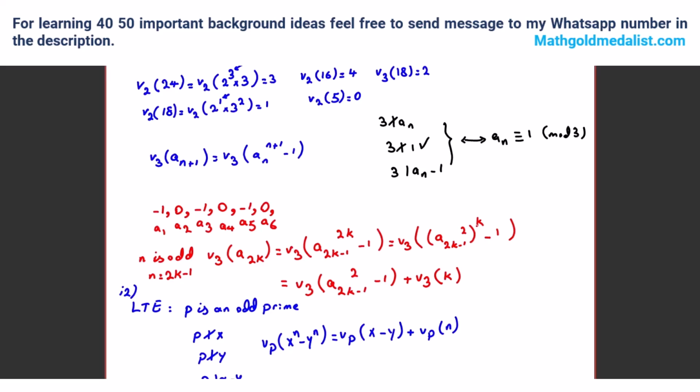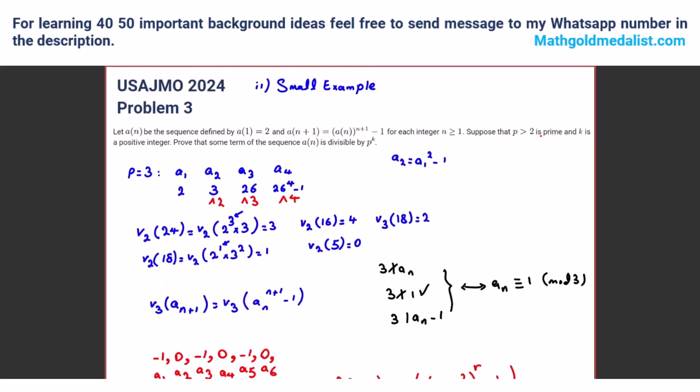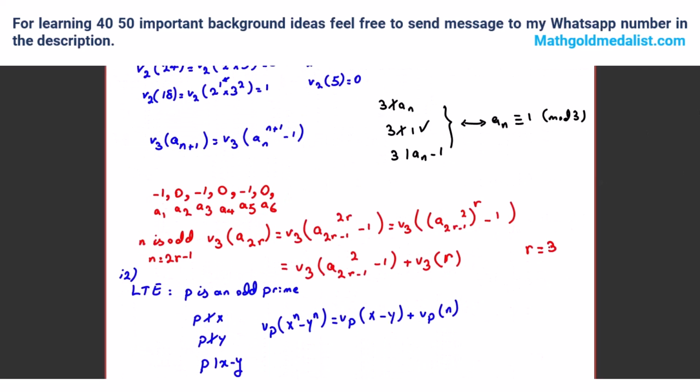Now, because we had k in the problem, let's use another variable, for example, r. Okay, so r, a_2r minus 1 squared to the r, a_2r minus 1 squared plus V3 of r. Okay. The problem says for any power of 3, for example, any power of p, like k, prove that there exists an element. So if we define r as 3 to the k, so it will be what?